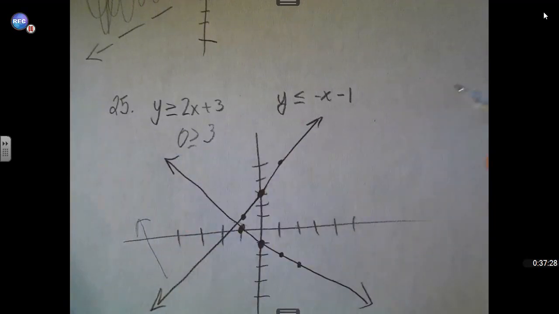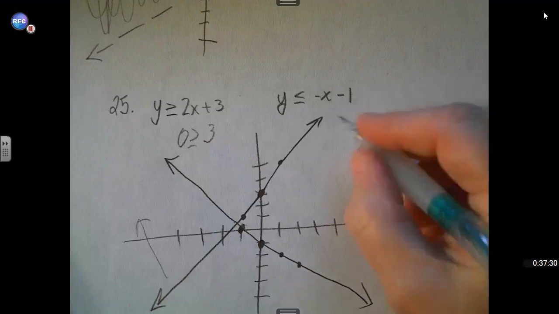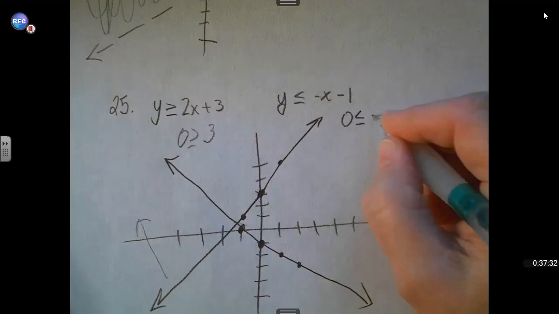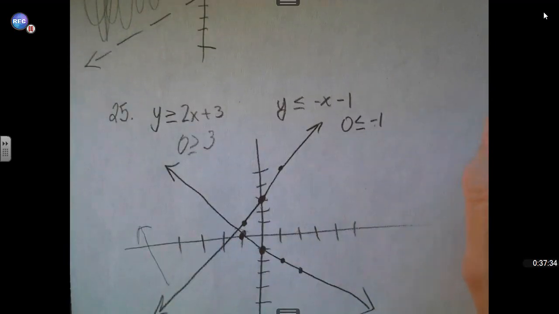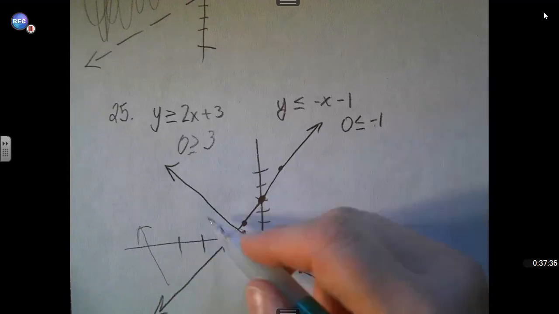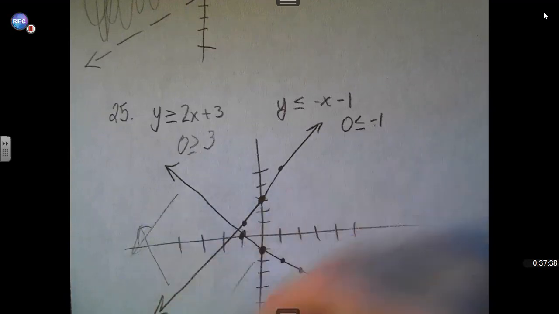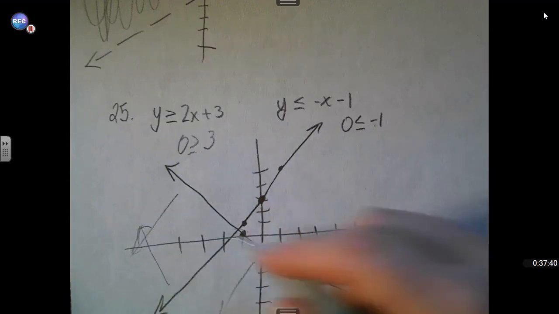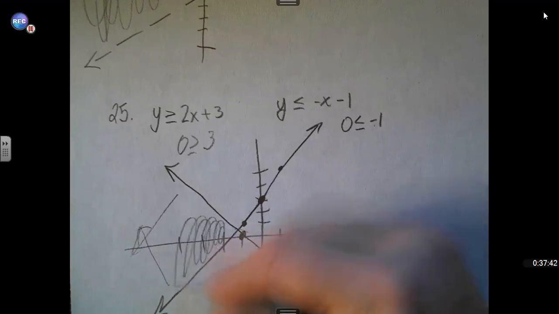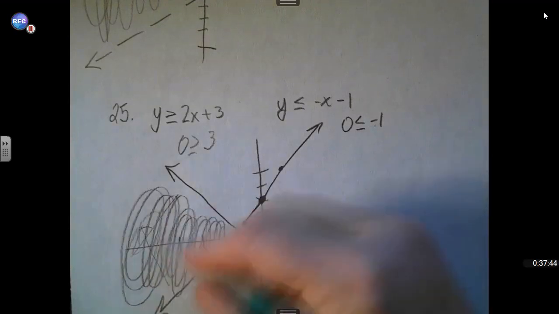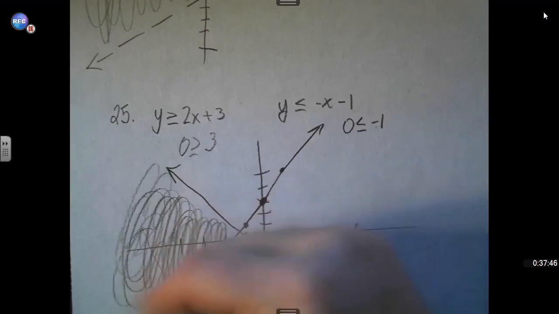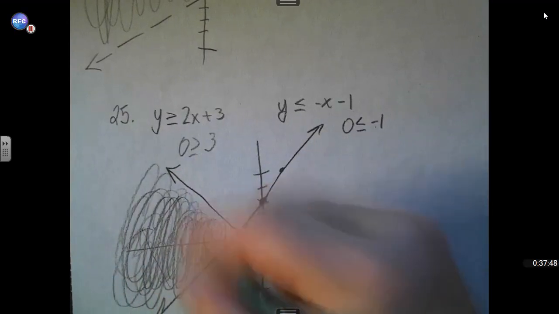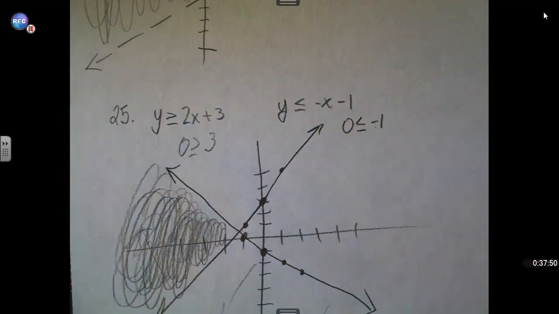Okay, it is less than or equal to. 0 is less than or equal to -1. It is not. So that should be shaded this way, all right? So that means my shadings overlap in here. Okay, and that's it.